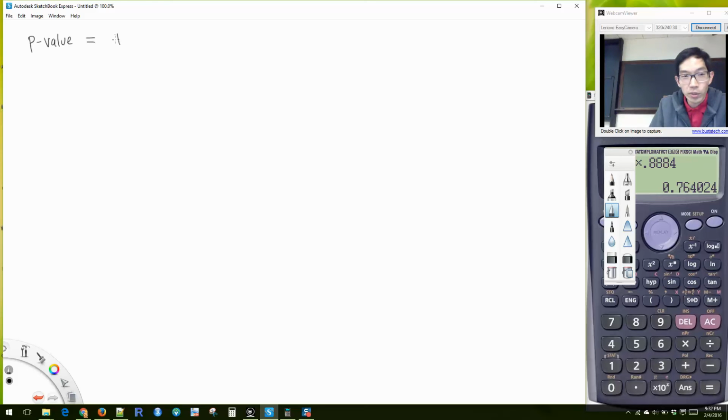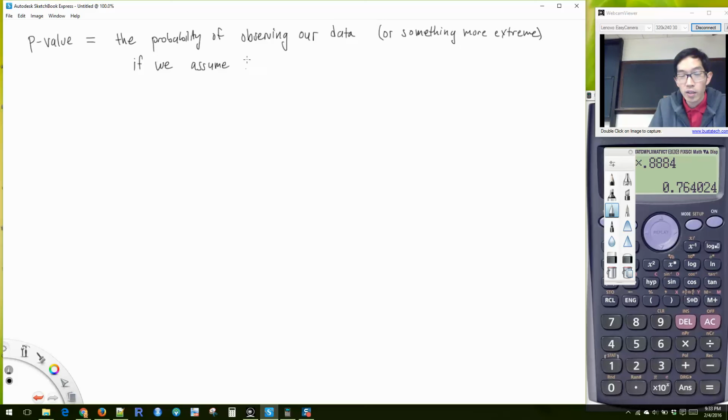this is equal to the probability of observing our data. Okay, and I have to throw in this phrase, or something more extreme, if we assume the null hypothesis is true.